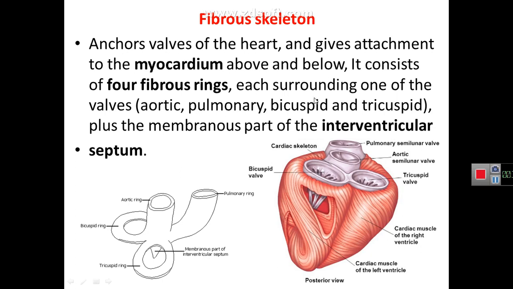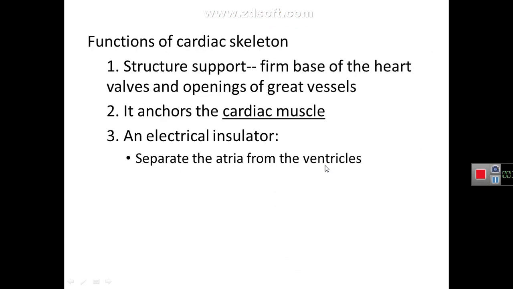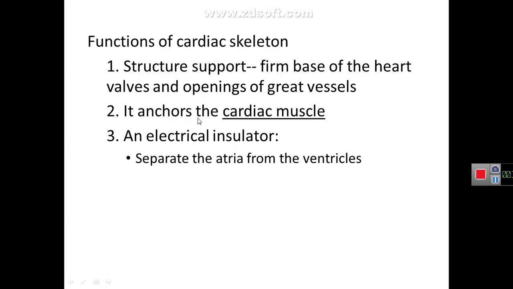This fibrous skeleton of the heart functions for the following. Number 1, it provides support to the valves of the heart and the great vessels, and it provides tissue for attachment of the myocardial muscles of the heart.